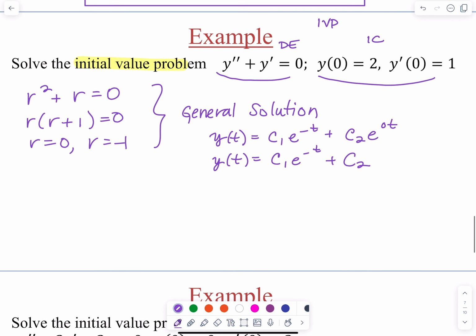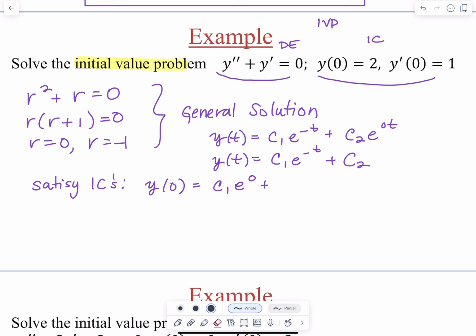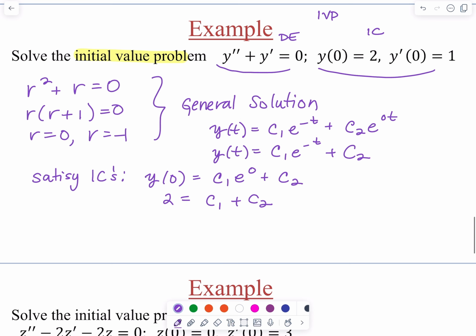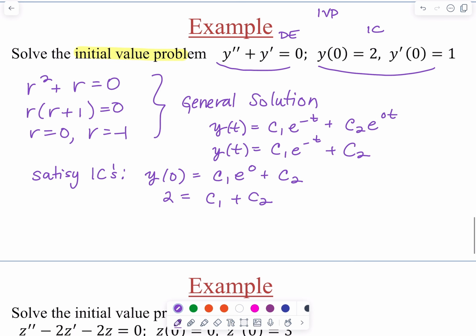Okay, so now we need to satisfy the initial conditions. And let's go ahead and have y of 0, and that's equal to c1 e to the 0 plus c2. And so that was given to be 2 is equal to c1 plus c2. And we could go ahead and now take a look at our first derivative.